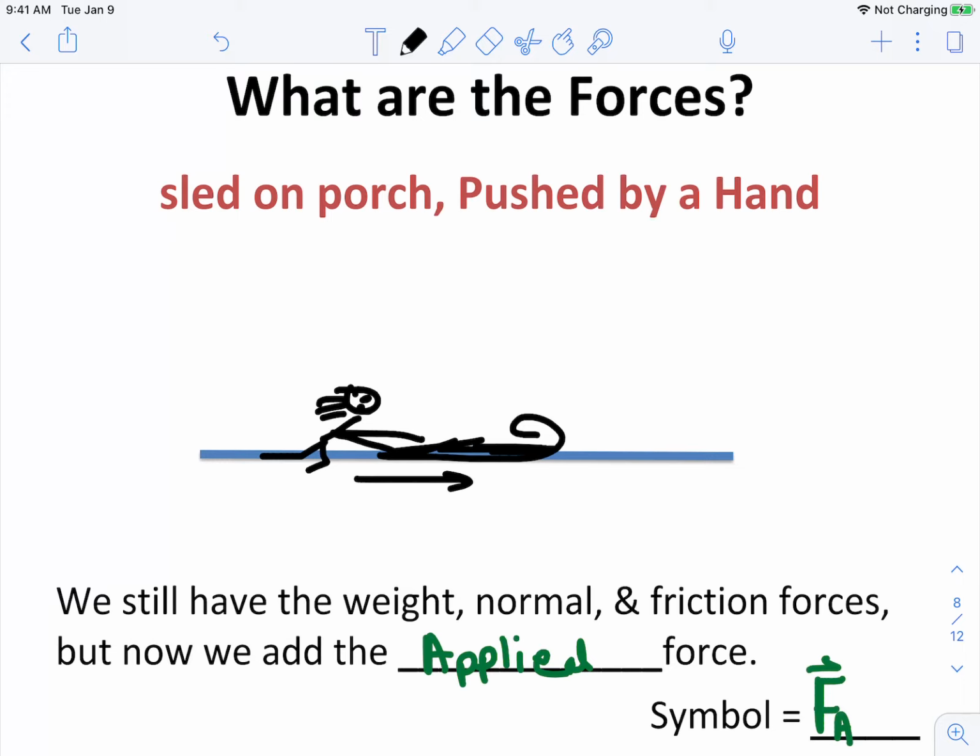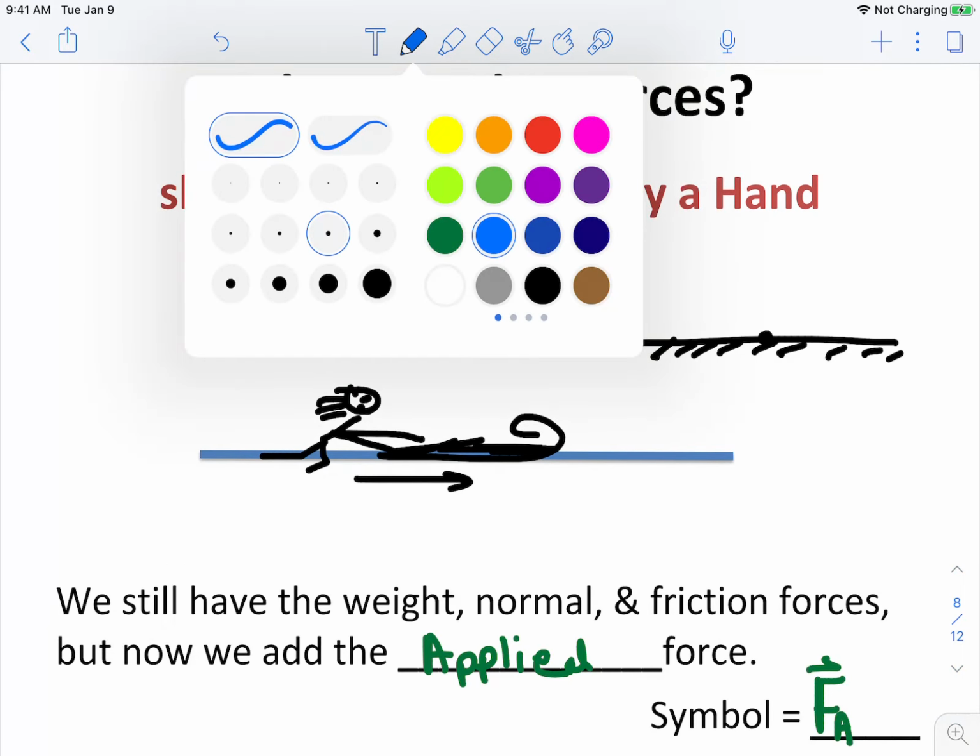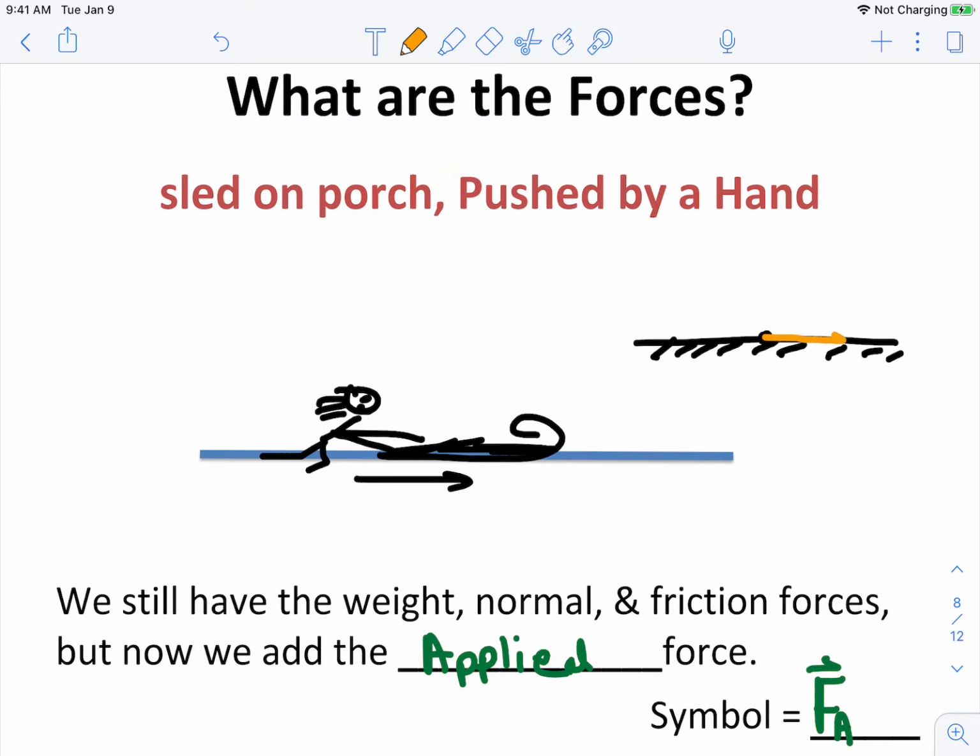And the way we would represent that with a free body diagram is we would have the point of mass. We would put in our surface. And from the point of mass, we would show the direction that the force is acting on it. And so we're going to go ahead and put a vector to the right from the mass, right? And we label it F with an A for applied force.